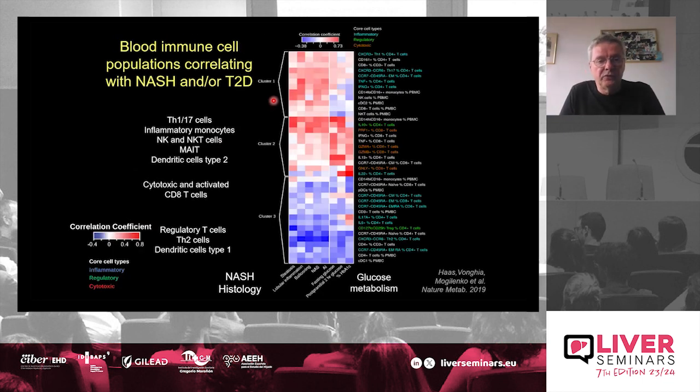Now, this brings me to the whole immune inflammatory component of at-risk NASH. And so with Luisa Vongia and Sven Franke, we went further and collected also blood from patients with histologically diagnosed steatohepatitis with or without type 2 diabetes. And then we did a deep immune phenotyping.